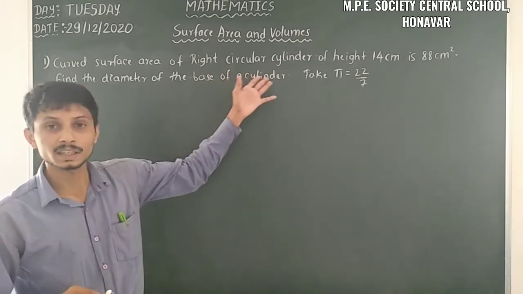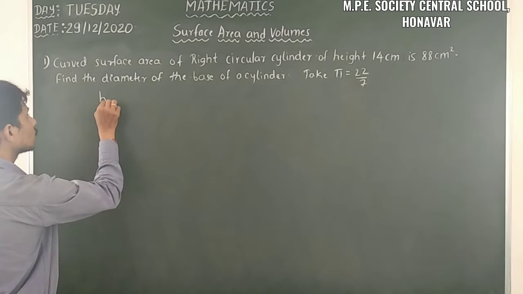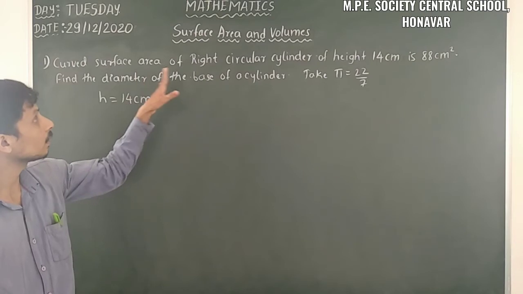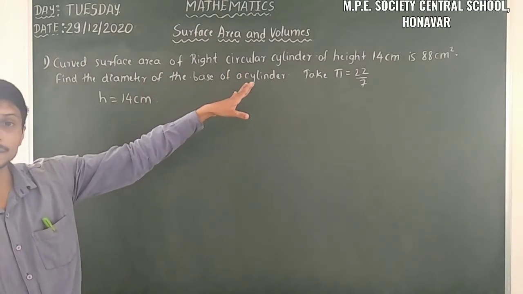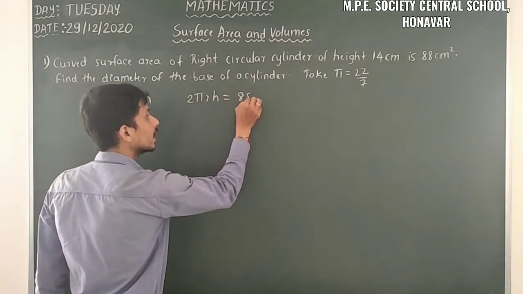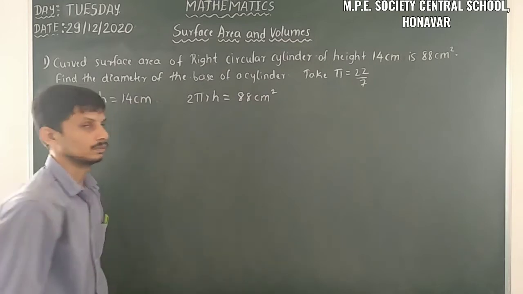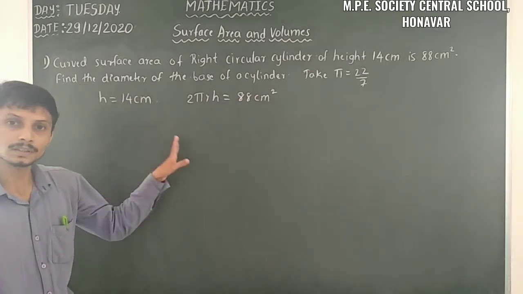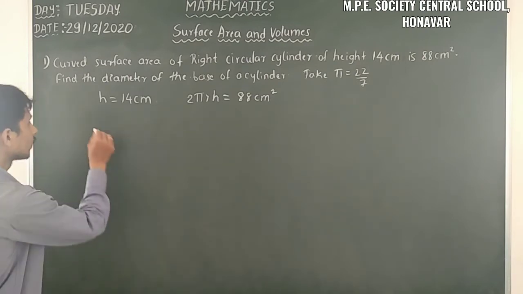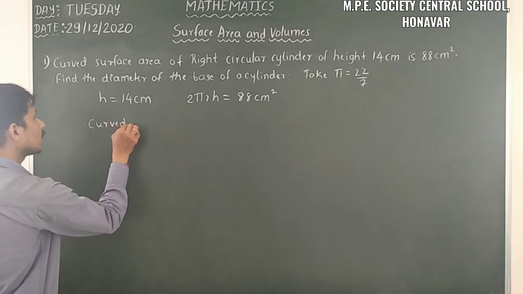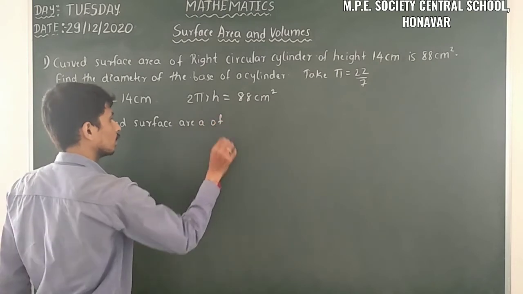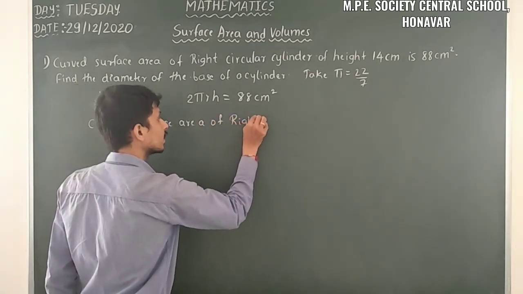What is given? h is given: h is equal to 14 centimeter. We have to write all the things here. The curved surface area of the right circular cylinder is given, that is 2 pi r h is equal to 88 centimeter square. So the curved surface area of the right circular cylinder is equal to 2 pi r h.